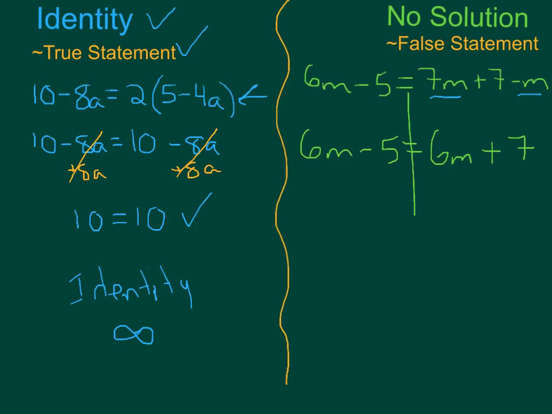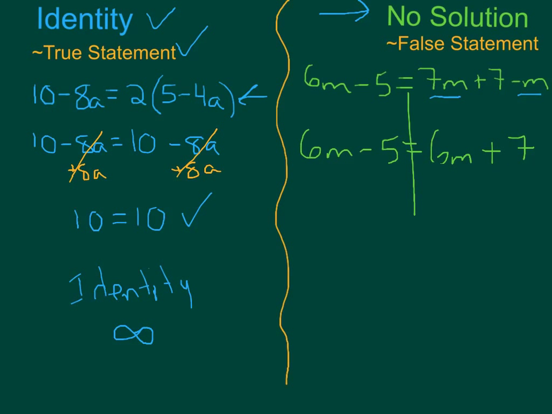So you might be able to look at this right now and automatically know that no way will there be a solution, because you can't take 6m, subtract 5, and then 6m and add 7 and ever get the same solution. But once again, let's continue and solve this as if we didn't realize that.